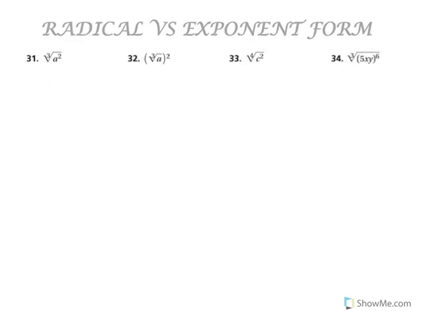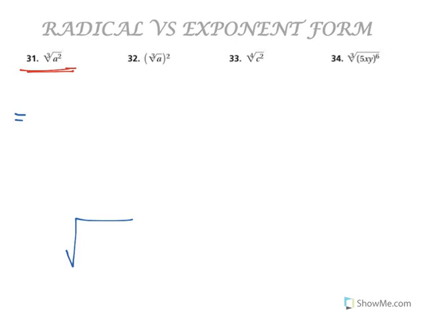So let's move to another idea. If you have a variable within the brackets, I want to change this from radical form to exponential form. So the first one is the cubic root of a squared. That's how it's read, the cubic root of a squared. So how we do this, you are going to use this formula we learned before.